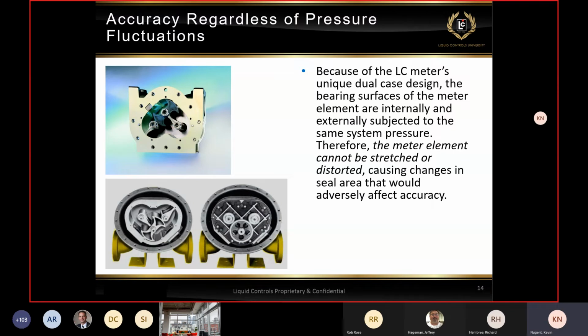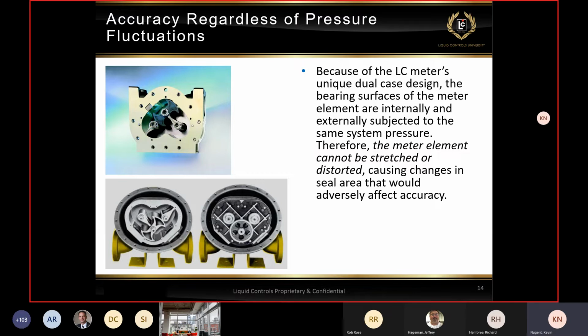Here we show our M series and MS series meters, and we have removed the front cover from that top left-hand side picture. But when you get a meter in the box from us, from the factory, you have a front and rear cover on either side of that measuring element. In our steel case design, that measuring element is encased inside 2 half spheres.